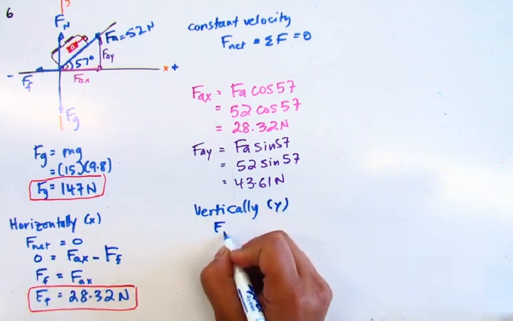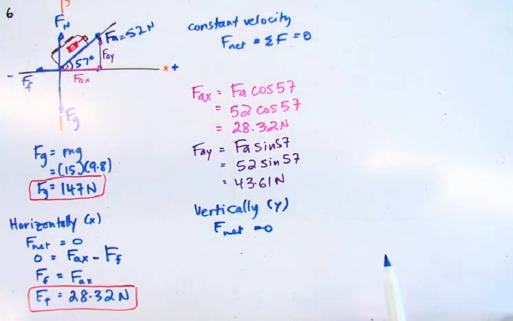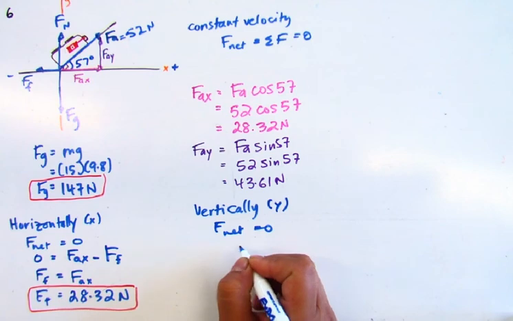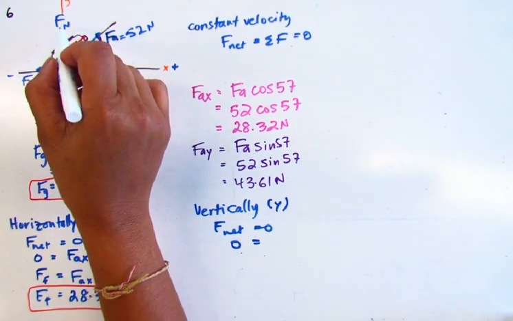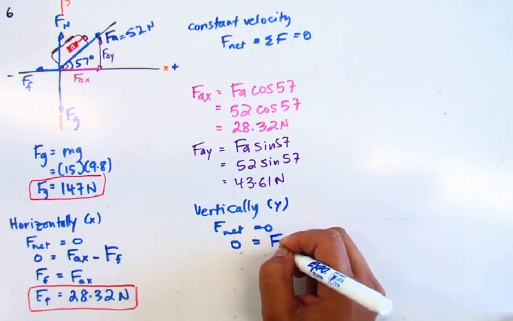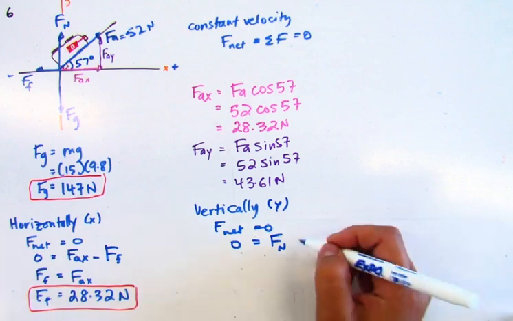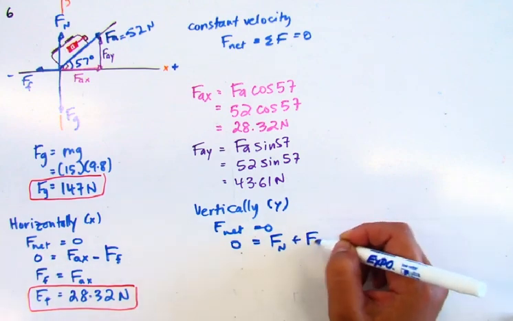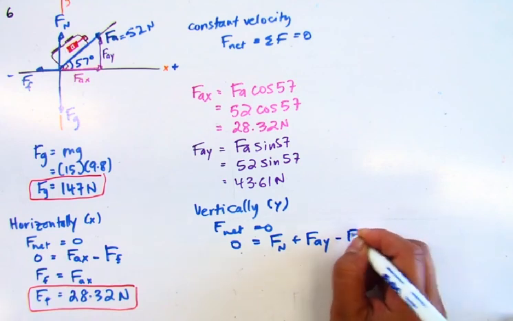The net force is still equal to 0 because it's moving at a constant velocity, which means it's not actually moving at all in the vertical direction. So that means the sum of the forces vertically has to be equal to 0. Well, what are the forces? We've got the normal force acting up, so in the positive direction, but can you see there's this purple arrow also moving up. So we also have to add to that Fay, and then we have force of gravity acting down, negative Fg.